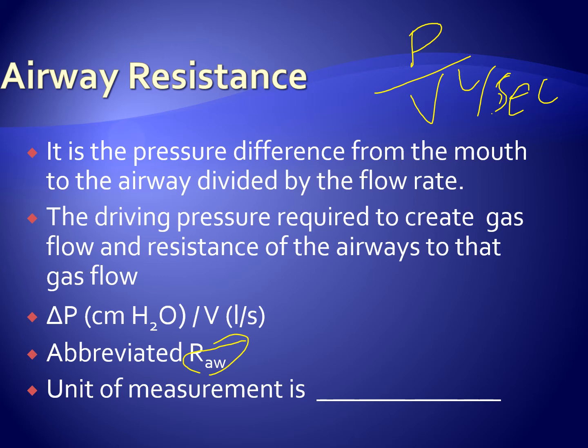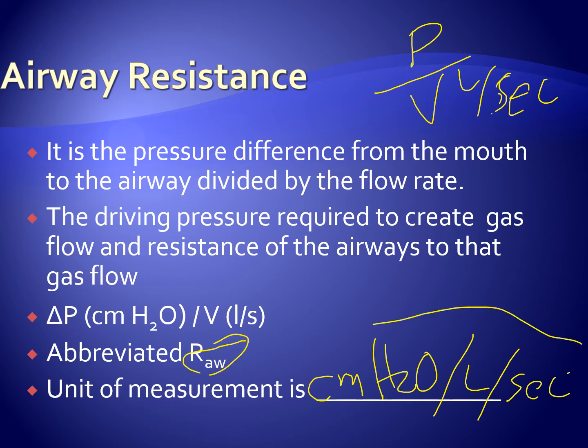So what's the calculation? Well, I have my pressure, which is centimeters of water pressure, over my flow rate, which is liters per second, right? So my unit of measurement is centimeters of water per liter per second.